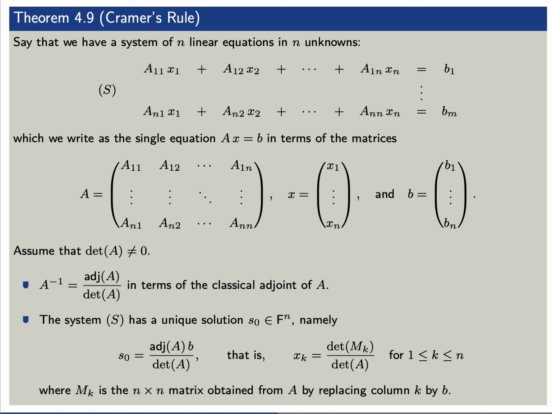Let's consider the solution by looking at each individual variable x sub k. We can express x sub k as the ratio of two determinants. It's the determinant of M sub k divided by the determinant of A, where M sub k is the n by n matrix obtained from A by replacing the kth column with the vector on the right-hand side, b.